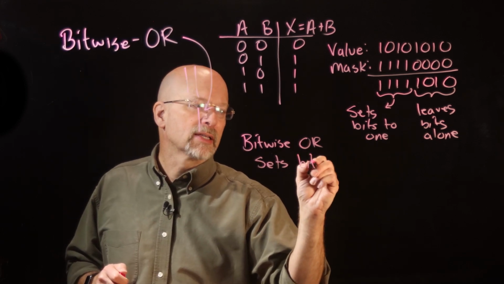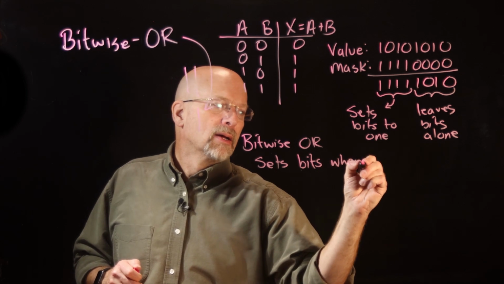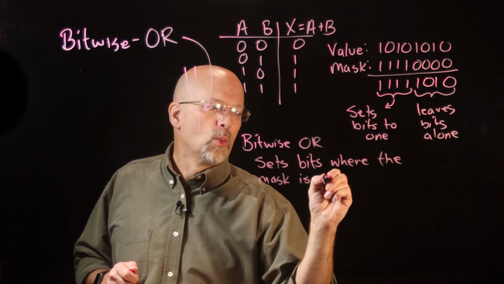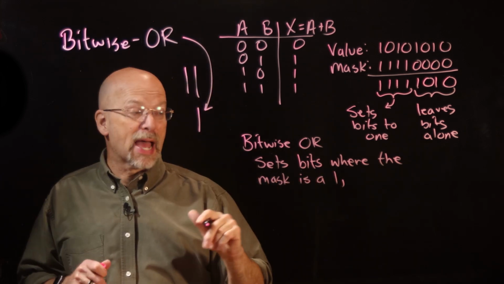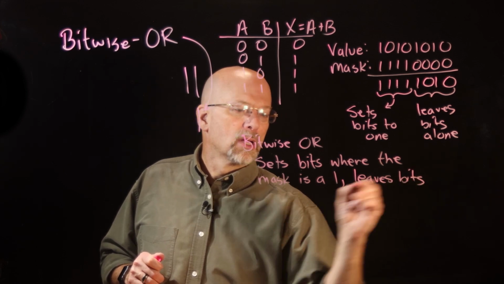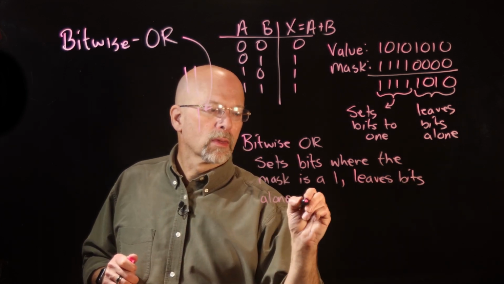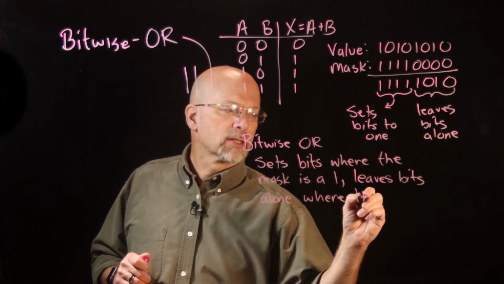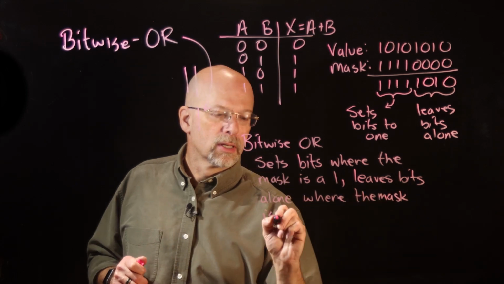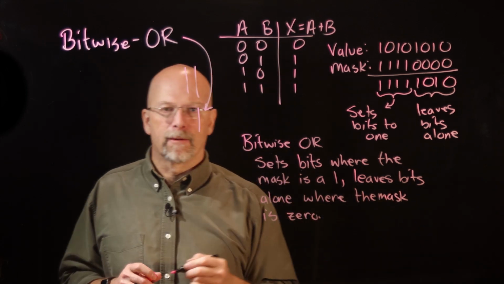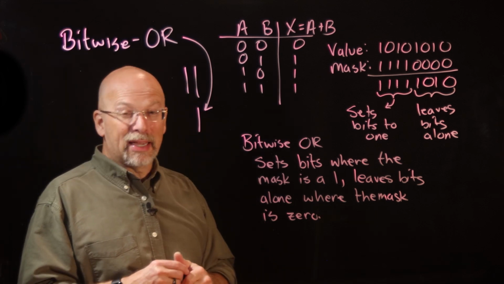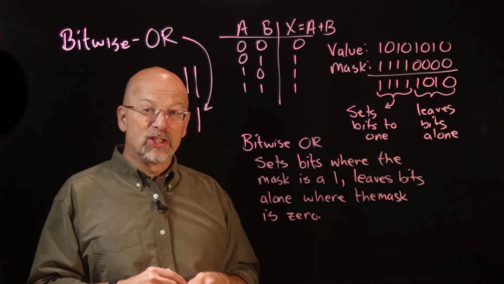It sets bits in those positions where the mask is a 1, and it leaves bits alone where the mask is 0.